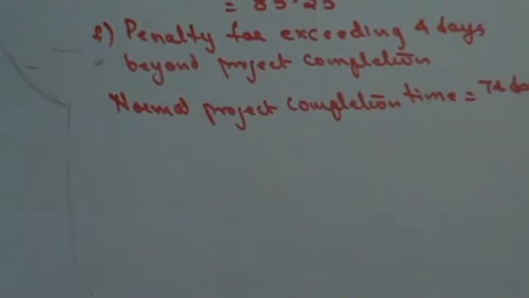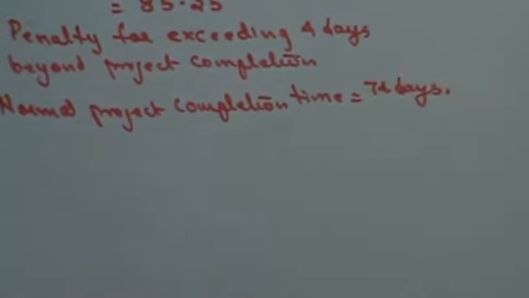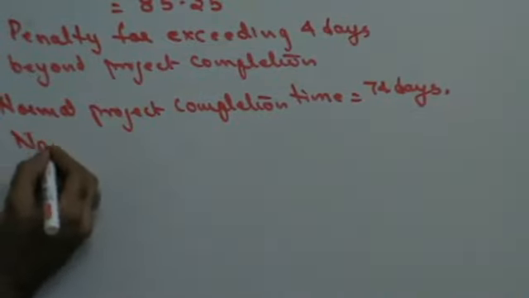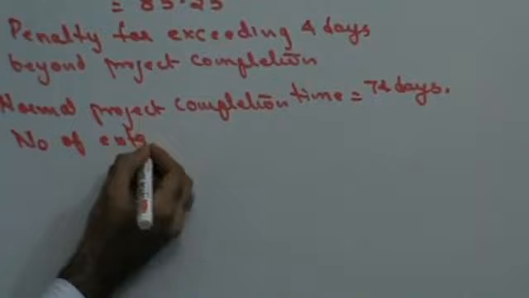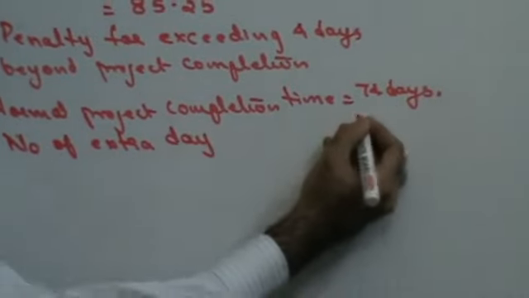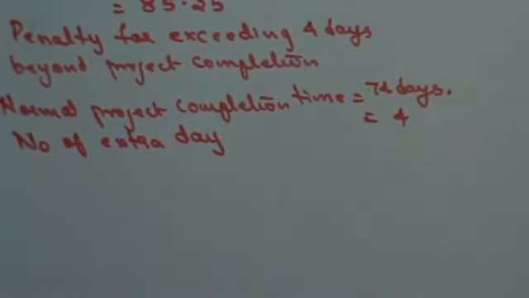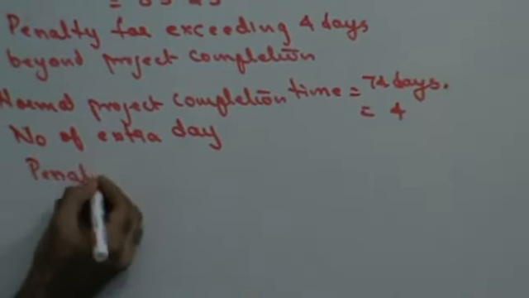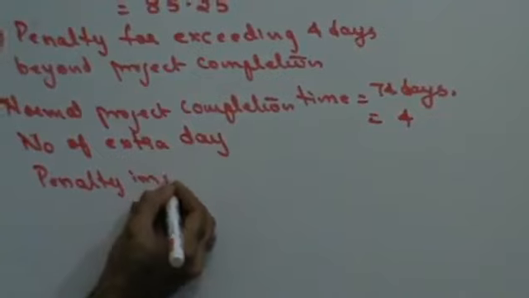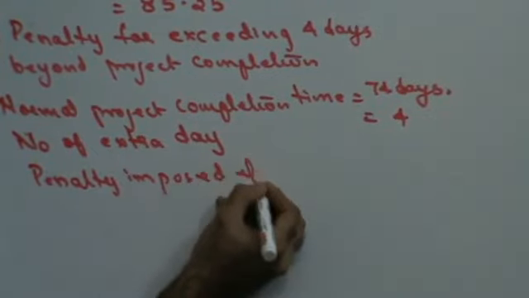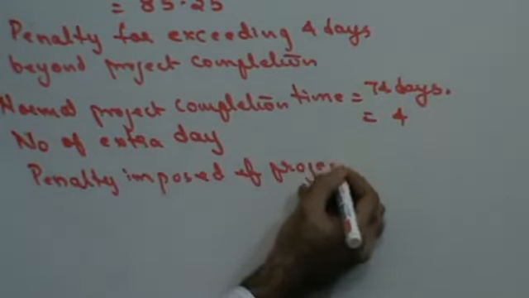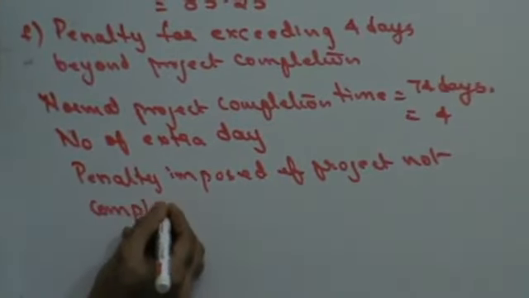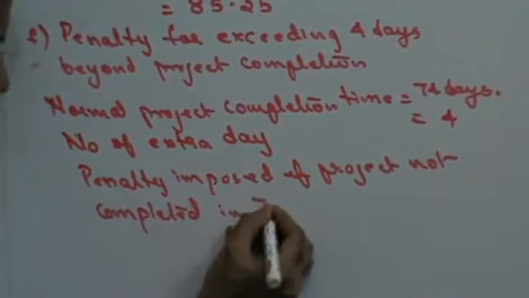Therefore, the penalty is imposed if the project is not completed in 78 days.